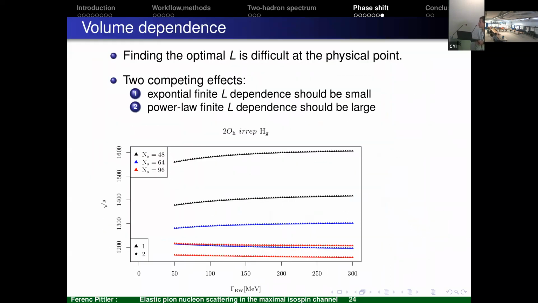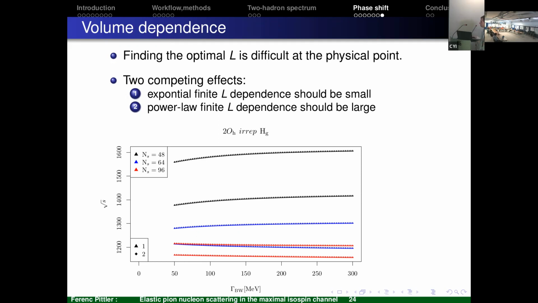But why is that? Here we have two competing effects. The first is the exponential finite L dependence that I mentioned at the beginning of the talk, that we want to get rid of, and the second is the power law finite L dependence that we obtain. We want the second to be large and the first small, and that is a non-trivial issue.